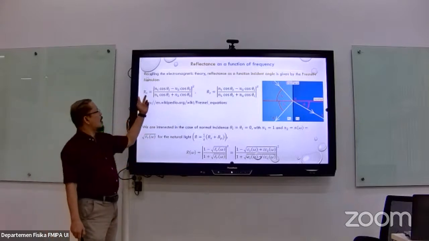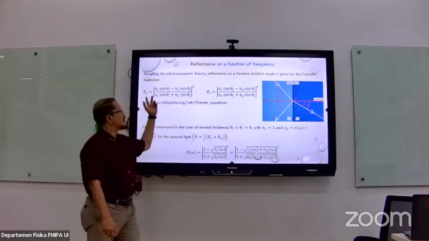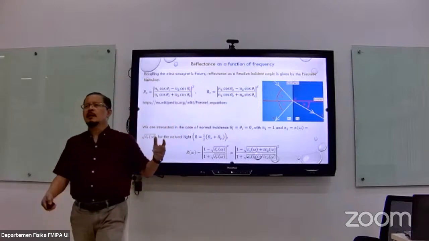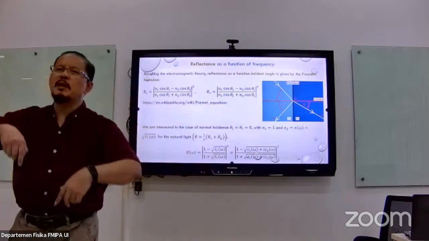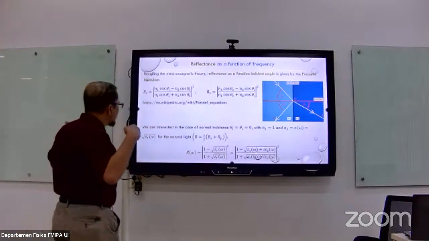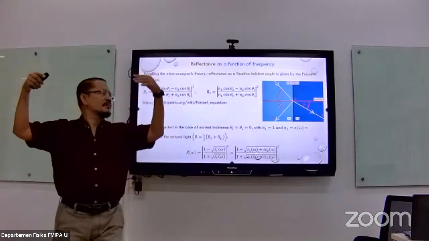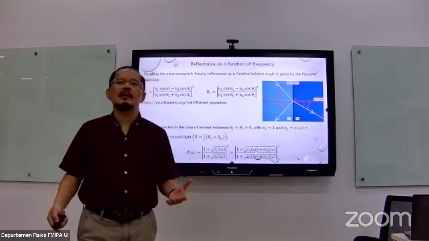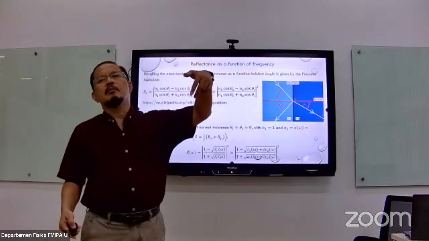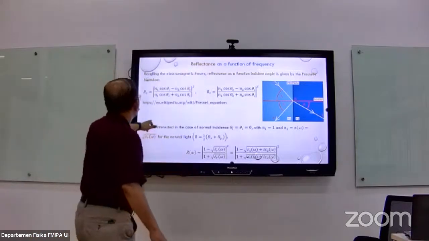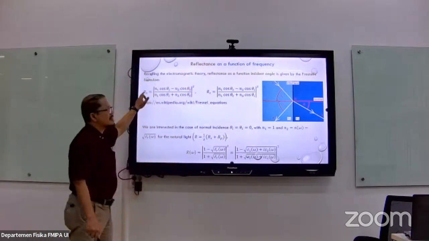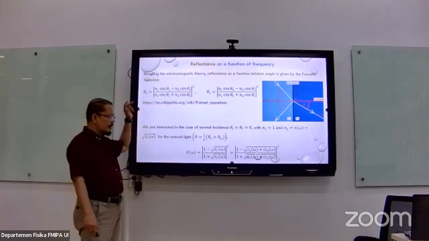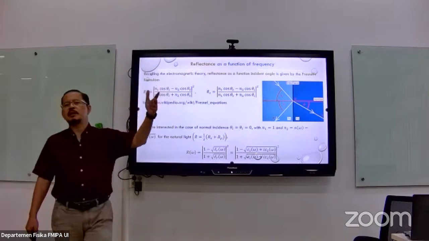And all the complications that these two formulas are showing come simply from us considering just the natural light. Actually these are S and P polarization.